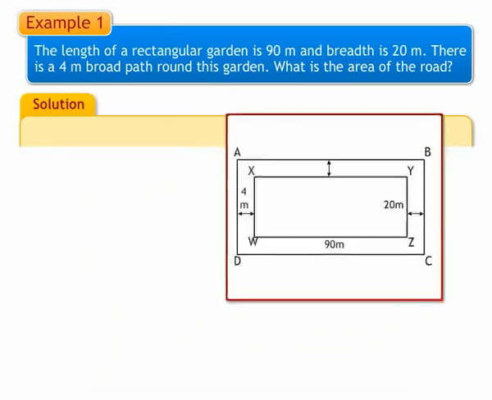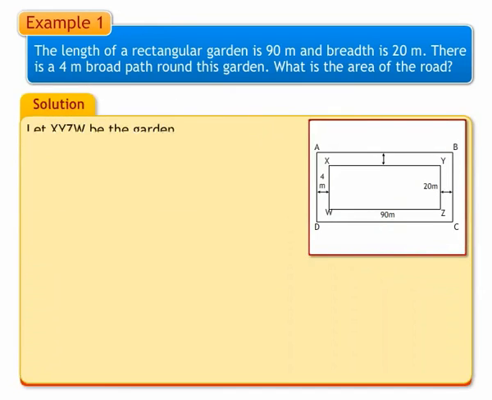Solution. Let X, Y, Z, W be the garden. It is a rectangular garden. There is a 4 meters wide road round it. A, B, C, D is the road round the garden.